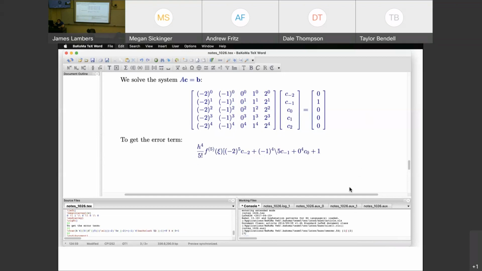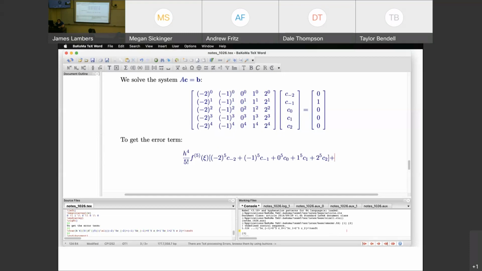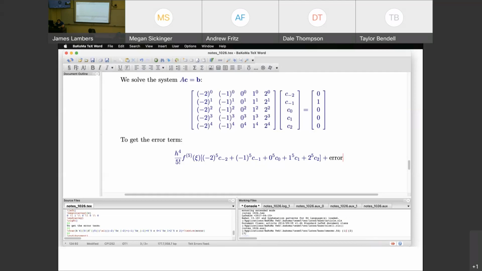All these powers should be 5th. Plus error is equal to 0.